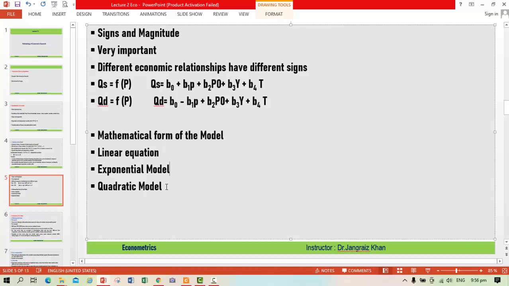Similarly, if the theory shows that the mathematical form of the model should be quadratic, and you have used the exponential form, then you have also made a mistake. For example, in economics we see the Cobb-Douglas production function, which is of the exponential form.